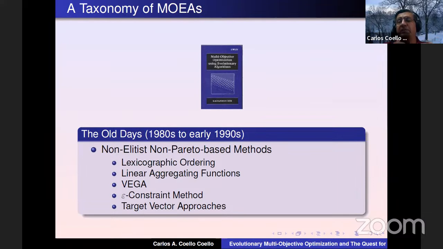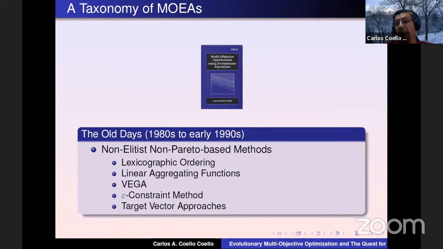Target vector approaches are non-linear aggregating functions. In this case, instead of adding up all the objectives, what we do is minimize the differences between the actual objective function values and the target defined by the user. By minimizing these differences, we should be able to deal, for example, with non-convex Pareto fronts, which is something that linear aggregating functions cannot do.